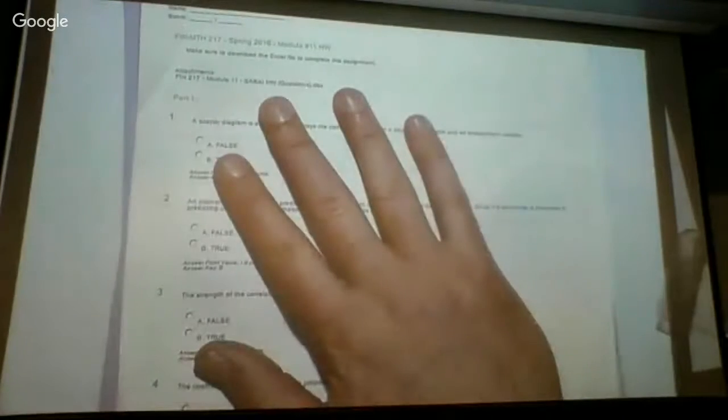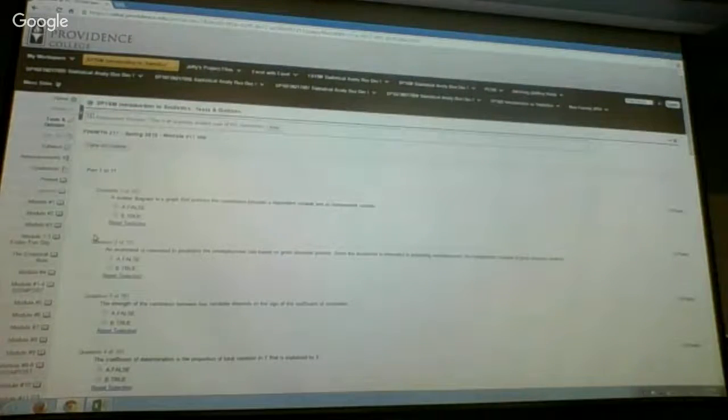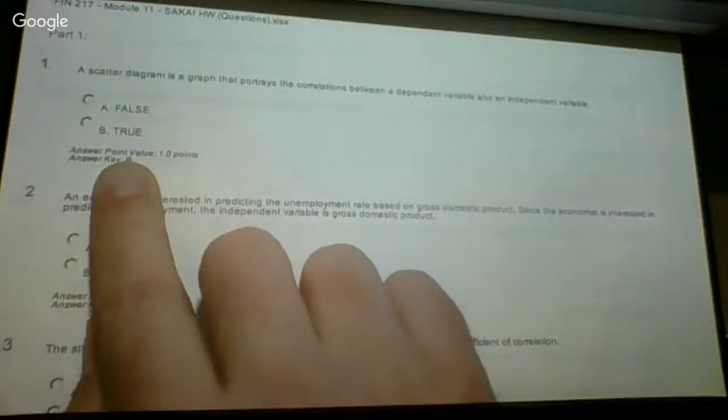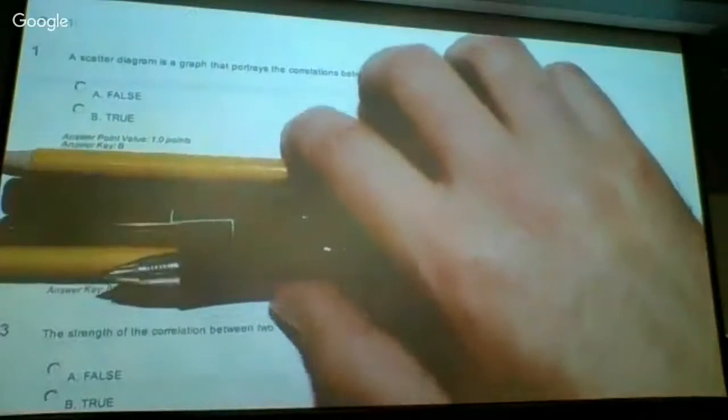What I've done today, and this seems to be the format that works the best, is I have the assignment, which looks just like it does on Sakai, except it's made out of paper, and it also has the answer key parts here. So while yes, you can see the answer key, and that sort of spoils some of the interactive part of it, and I don't like that.